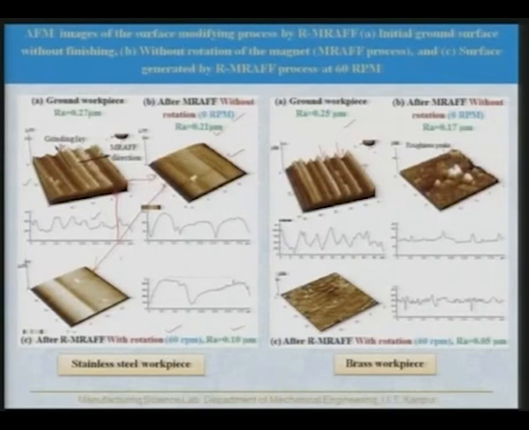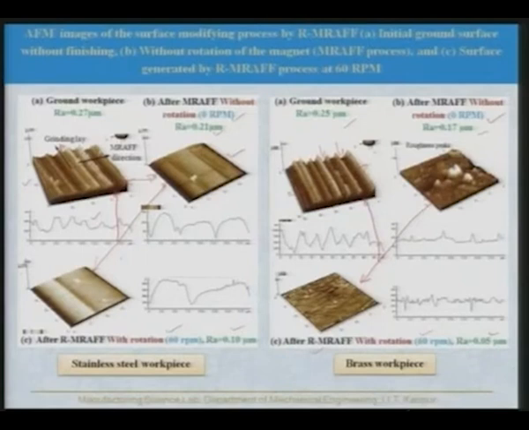At 0 rpm, with simple MRAF process, the surface finish was reduced to 0.17 micrometer, but with rotation and using the RMRAF process at 60 rpm the surface finish was brought down to 50 nanometer, that is 0.05 micrometer, and you can clearly see the difference between this surface and the ground surface.